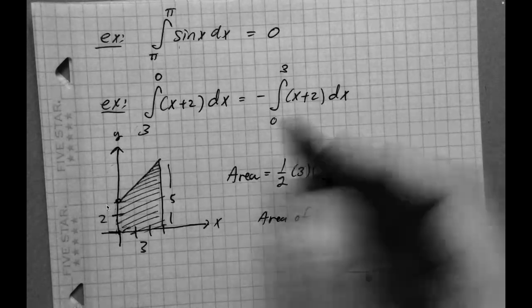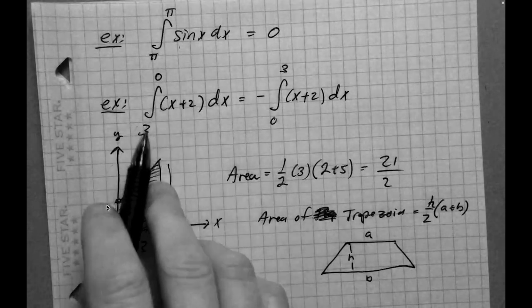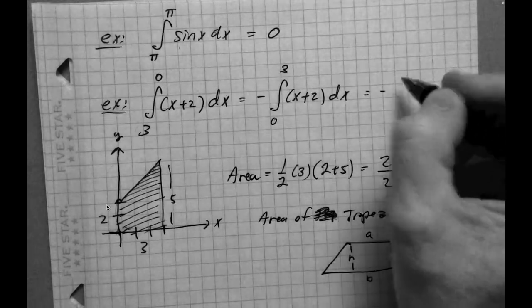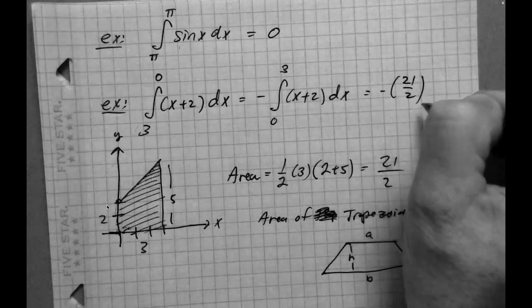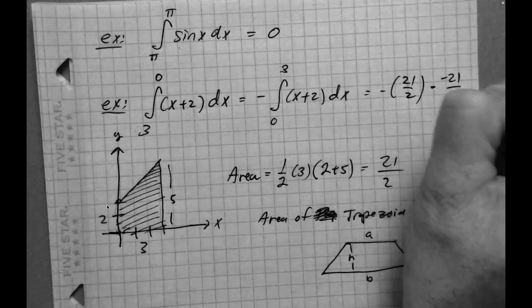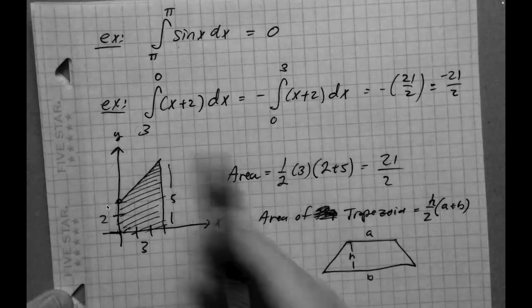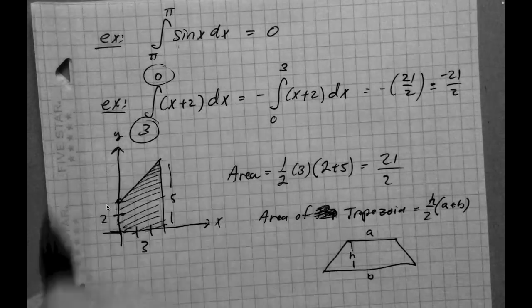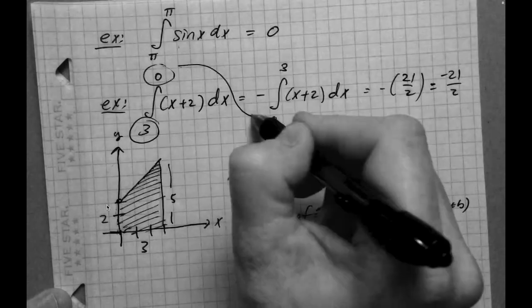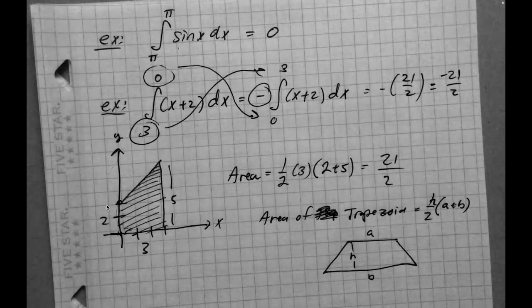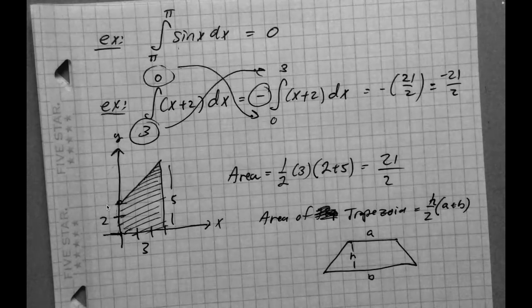So then basically this integral here from 3 down to 0 of x plus 2 would be equal to negative 21 over 2. This is kind of a contrived example where we're just looking at these bounds, flipping them and putting the negative sign on. Very good.